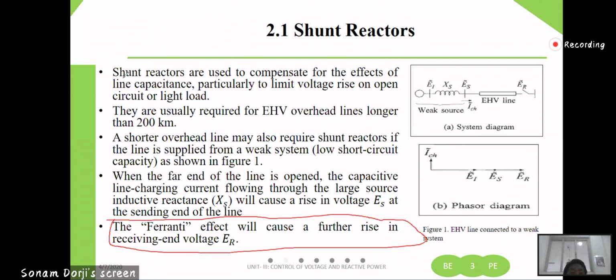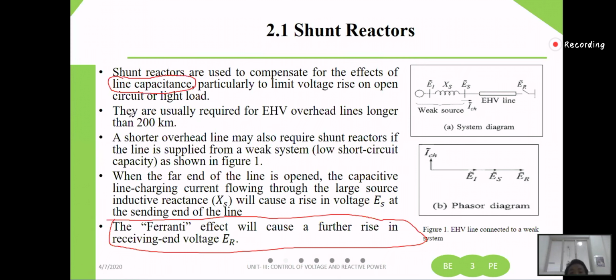If there is more capacitance, the Ferranti effect will happen: the receiving end voltage will be more than the sending end voltage, which is undesirable. That's why, in light load, there will be an effect of line capacitance, and to compensate for that, we use the shunt reactor.